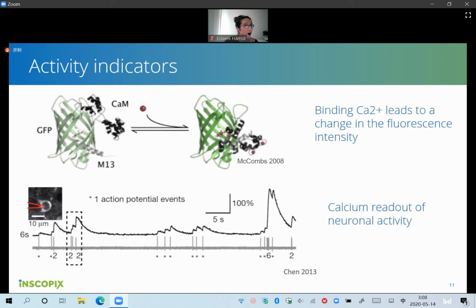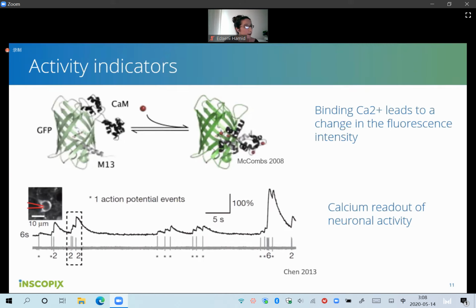The most common type of indicators currently used for imaging neural activity are calcium indicators. Here we can see the protein structure of the genetically encoded calcium indicator that the field is generally using today, GCaMP6. This is a hybrid protein that consists of a circularly permuted GFP molecule with a calcium responsive element, calmodulin, and a calmodulin binding peptide.